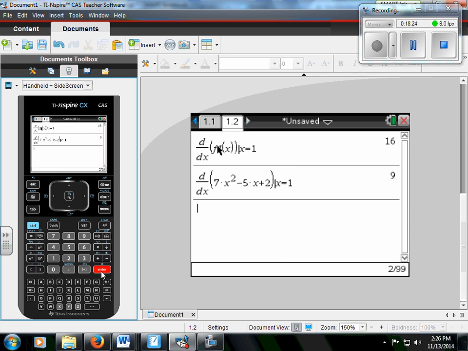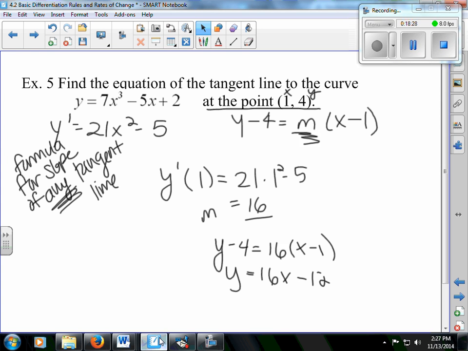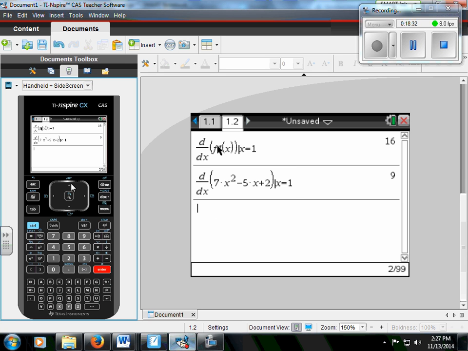Oh, it must not have been that. It was 7x cubed minus 5x plus 2. Let me fix that. Okay, and you'll get it that way as well. Okay, so that's how you do the derivative on the calculator.